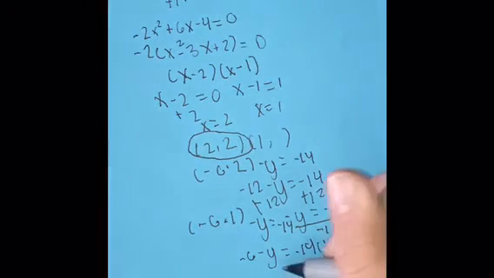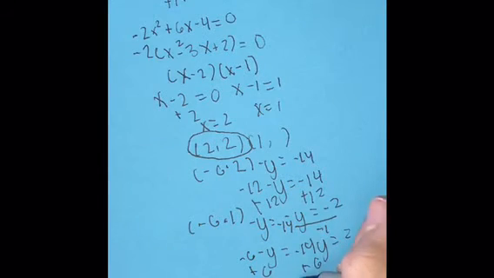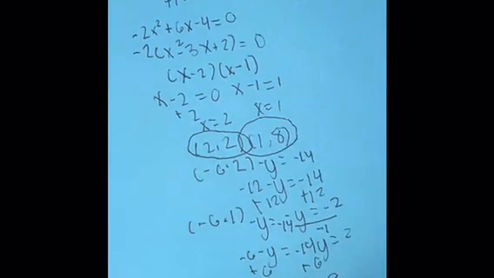Moving all terms to one side, subtract 6 from both sides, giving us negative y is equal to negative 8. And again, we don't want a negative y, so we're going to divide by negative 1, giving us y is equal to 8. So our solutions to the system are (2, 2) and (1, 8). Simple, right?